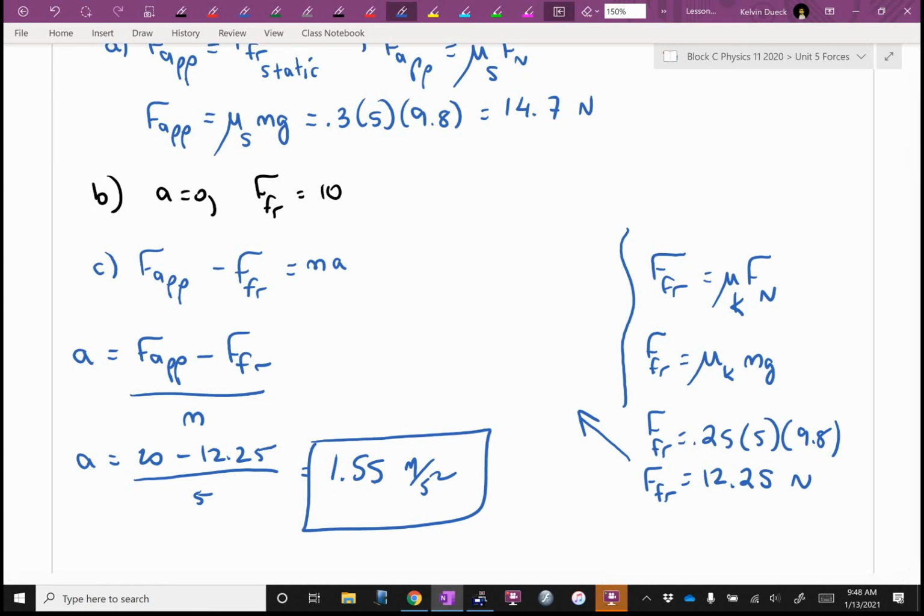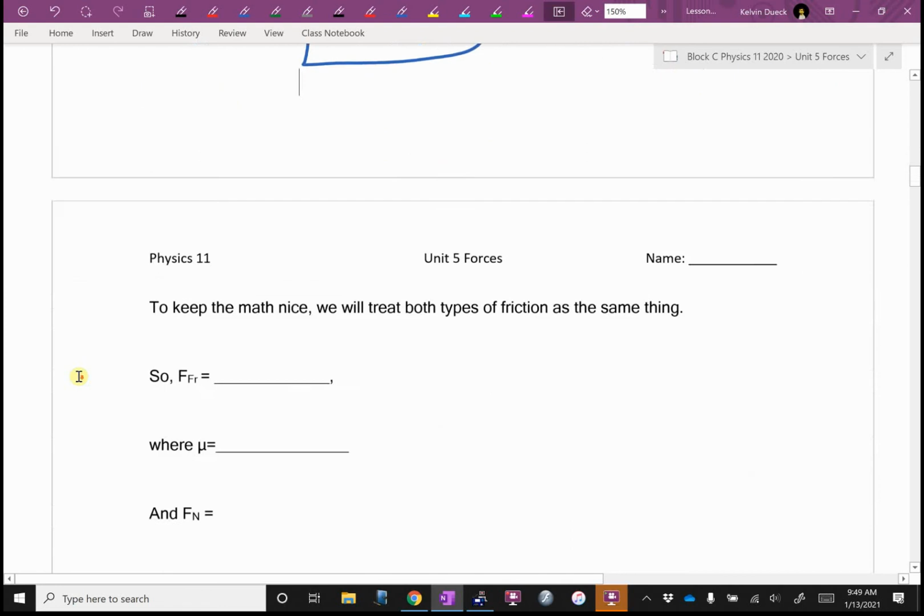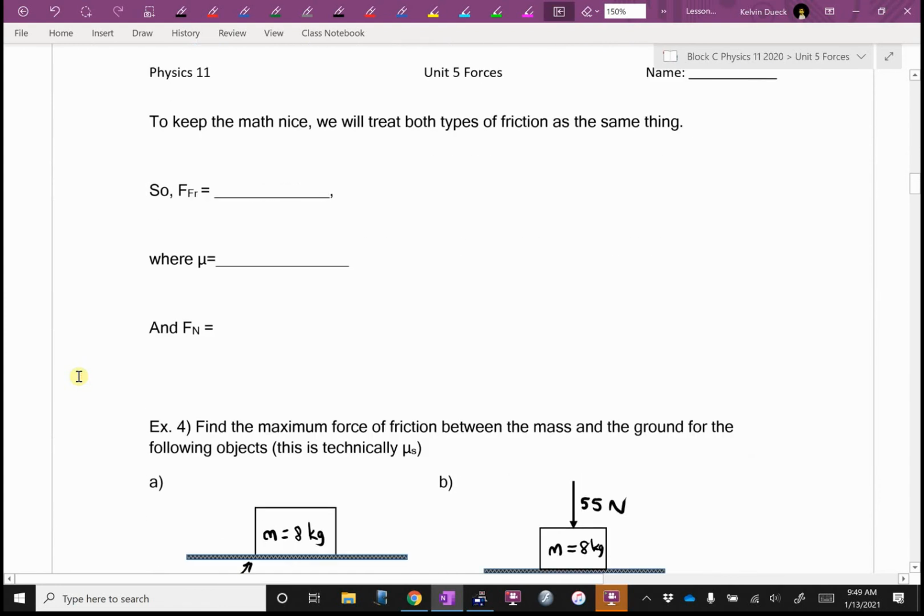So Donald, have I explained why once you start an object moving, it's easier to keep it moving? Having said that, we're going to pretend there's just one kind of friction for the rest of the course because I'm not going to be that fussy. So to keep the math nice, we're going to treat both types of friction as the same thing.